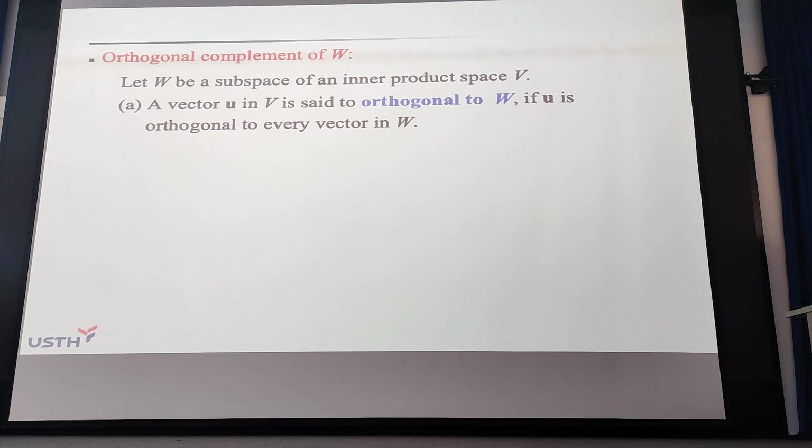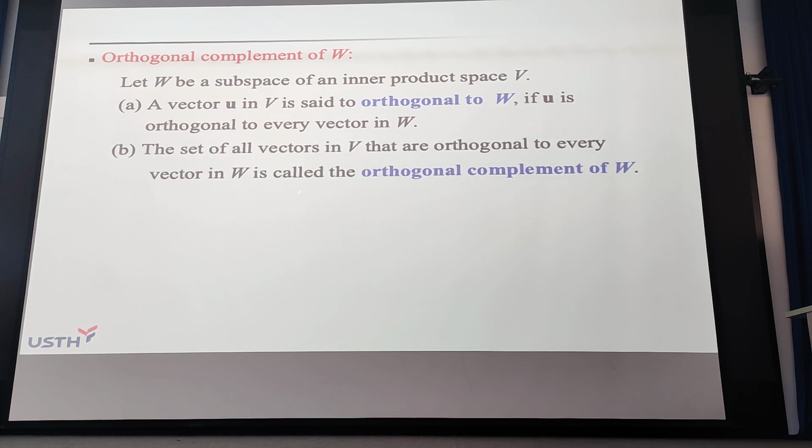Then a vector u will be said to be orthogonal to W if u is orthogonal to every vector inside W. That is quite similar to the case when we define two subspaces orthogonal to each other. Then the set of all vectors inside V which are orthogonal to any vector inside W will be called the orthogonal complement of W.